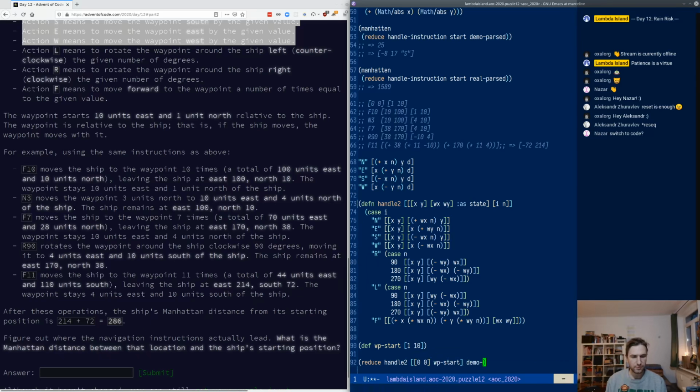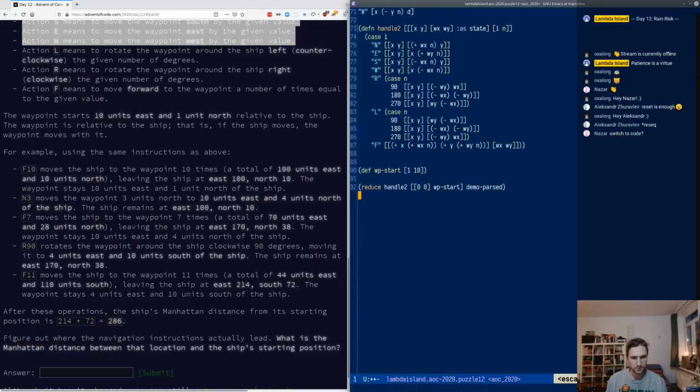And then let's do that over demo parsed. After this operation, the ship's Manhattan distance from its starting position is 214.72. Okay, that's clearly a different result than what we were expecting.